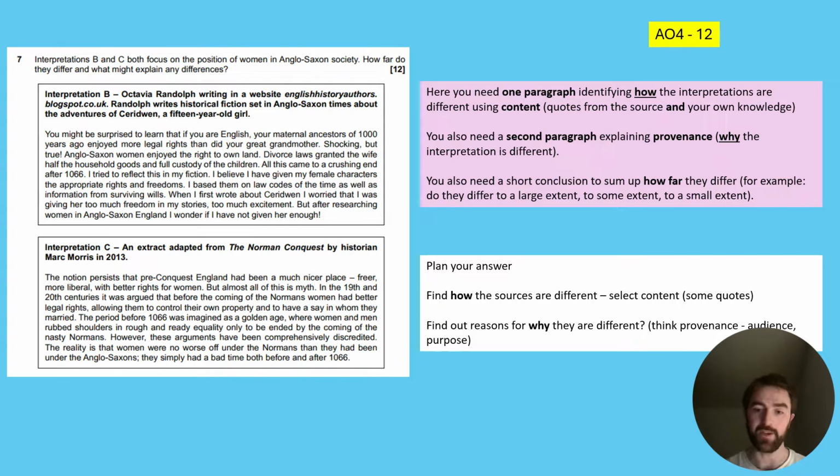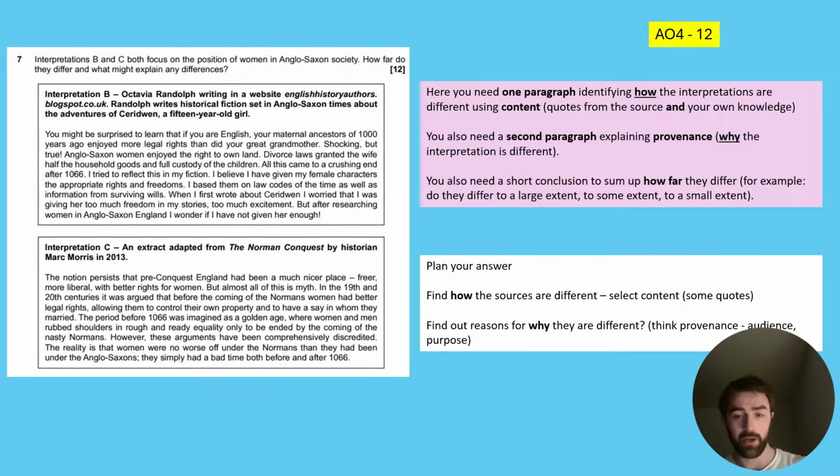All these things are things you can mention in that provenance paragraph and use it to say how different they are. Is one a historian and therefore is more likely to have done more rigorous research, and the other one is a Norman monk who supports William, so perhaps it may almost be like propaganda, attempting to sell the Norman line, therefore they differ on that.